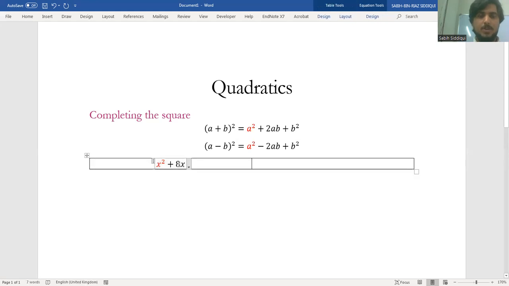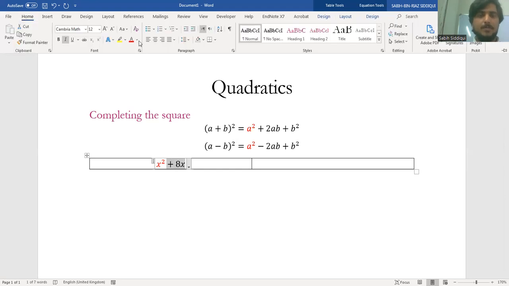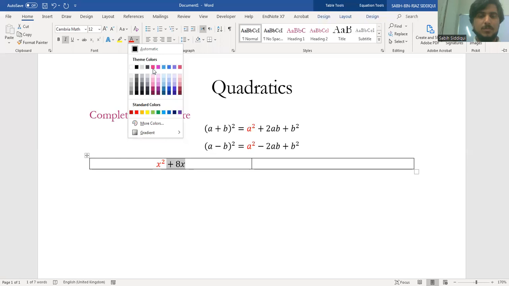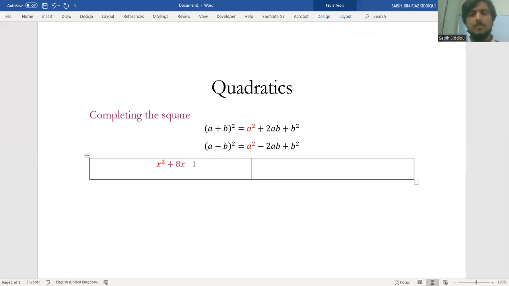Why are we calling it the 2ab term? Because it already has an a, which is practically our x. So these are the two terms that we have. We are calling one of them a square and the other one 2ab.